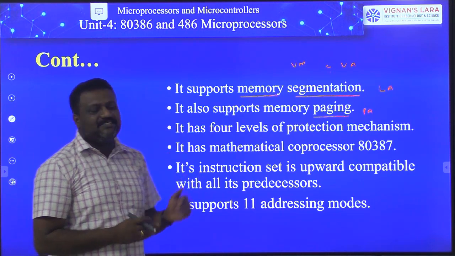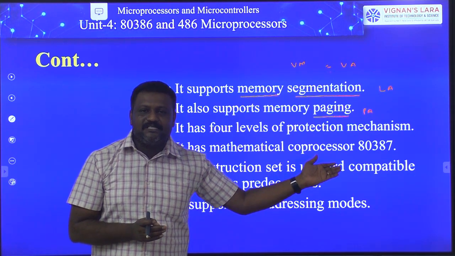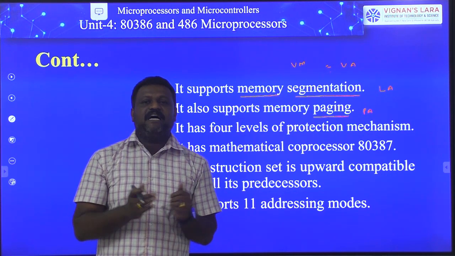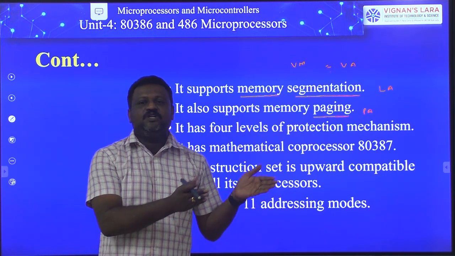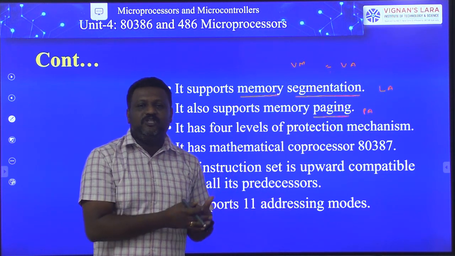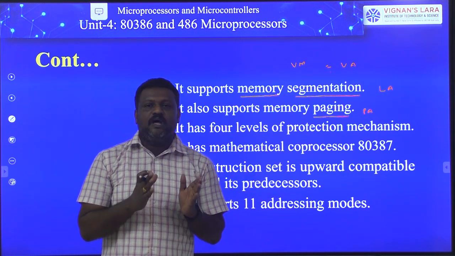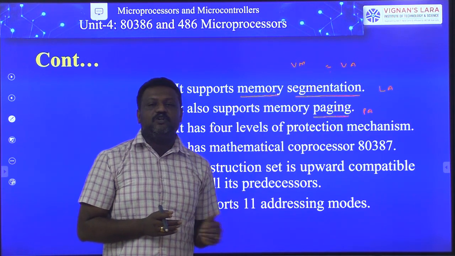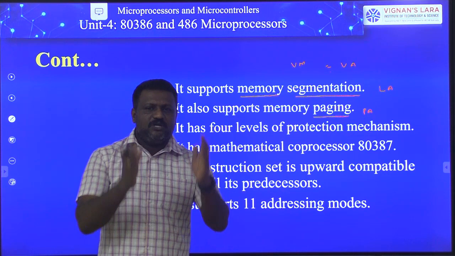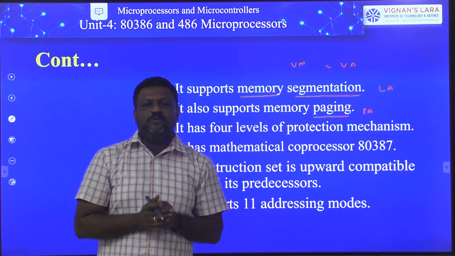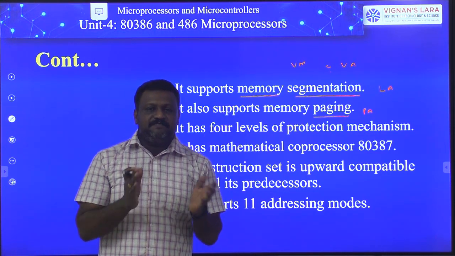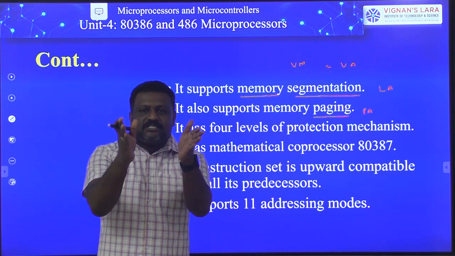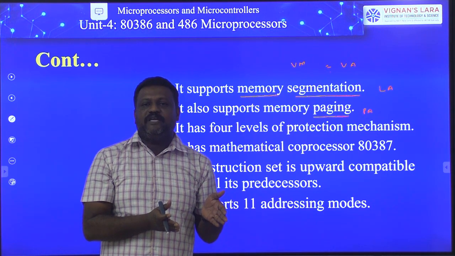And next, it has a mathematical coprocessor which is the 80387. If you refer to the 8086, it also has a mathematical coprocessor which is the 8087. But the 80386 has a mathematical coprocessor which is the 80387. What is the mathematical coprocessor concept? Once your processor is going to execute some program, it may identify some instructions related to mathematical operations. Those instructions can't be executed by the 80386.